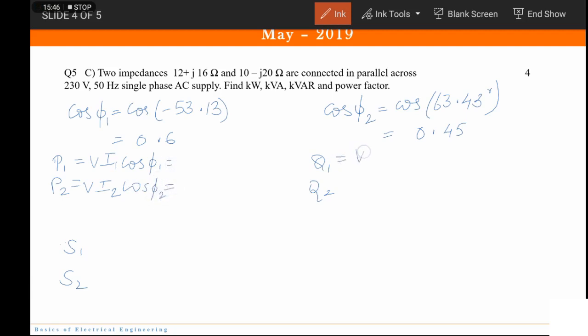So Q1 will be V I1 sin phi 1 because it is in phase quadrature, right? Correct? Next, it will be V I2 sin phi 2.